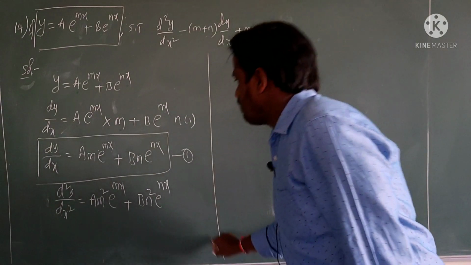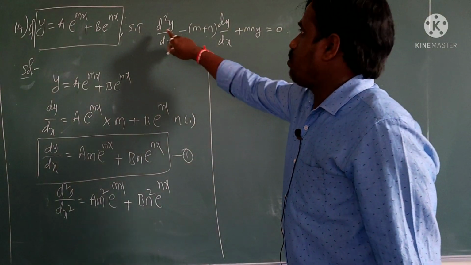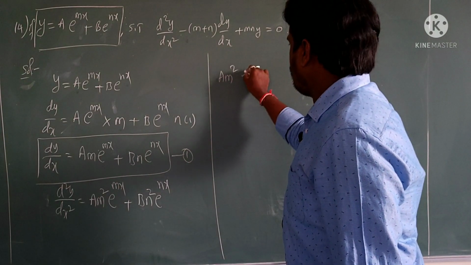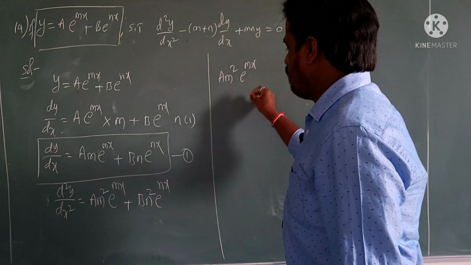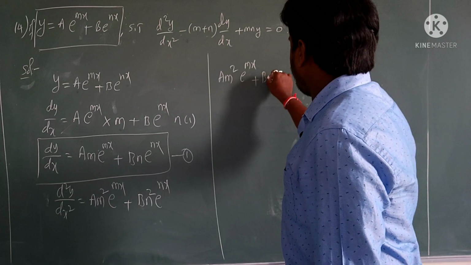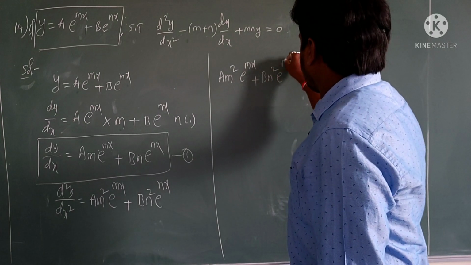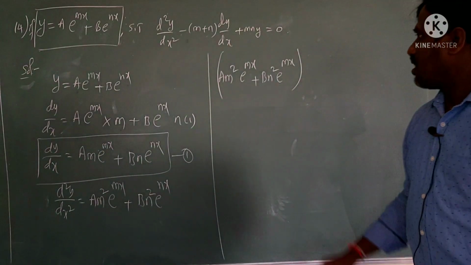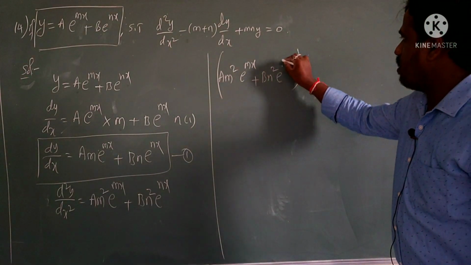Now what we do here, we substitute in this. So d2y by dx square is am square e to the power of mx plus bn square e to the power of nx.